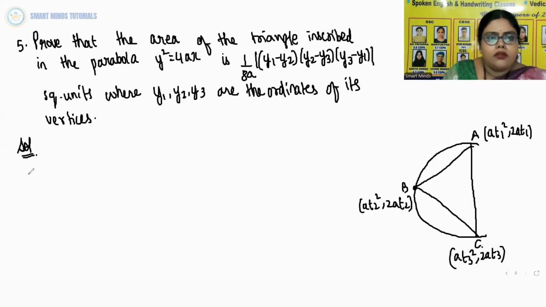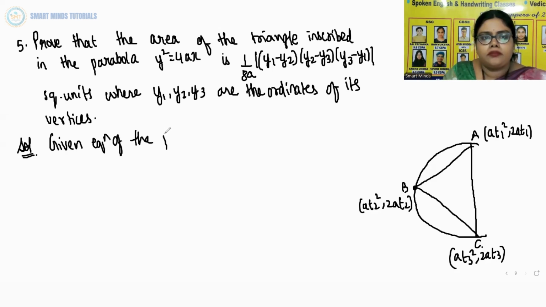So first let us write down the given equation of the parabola. Given equation of the parabola is y square is equal to 4ax, where a is greater than 0.